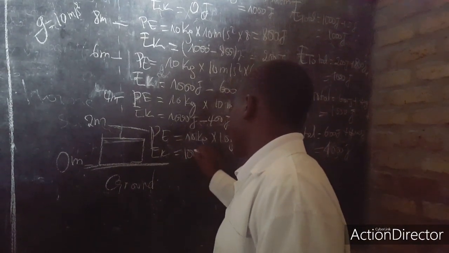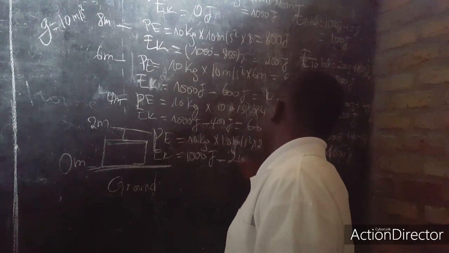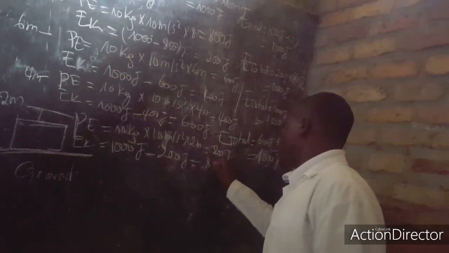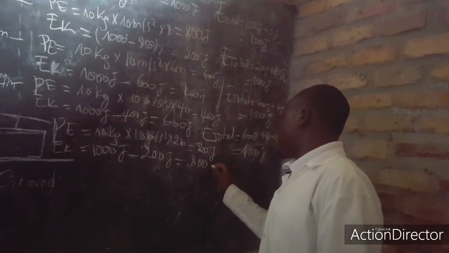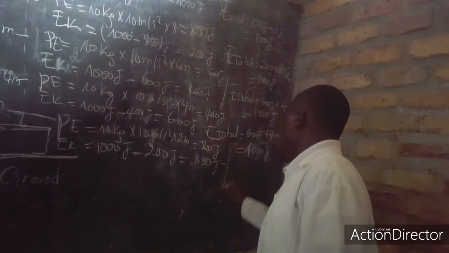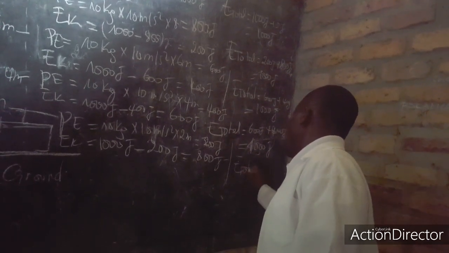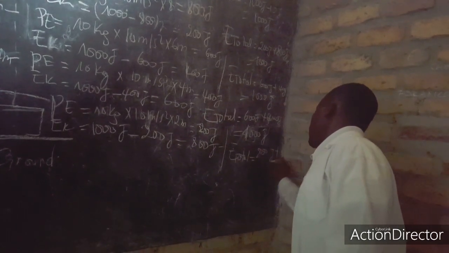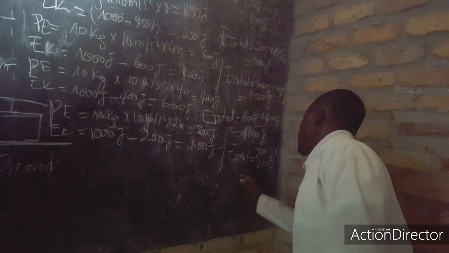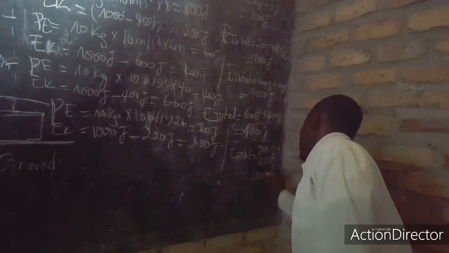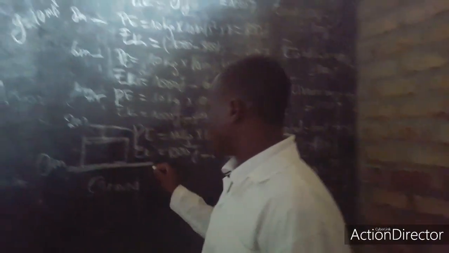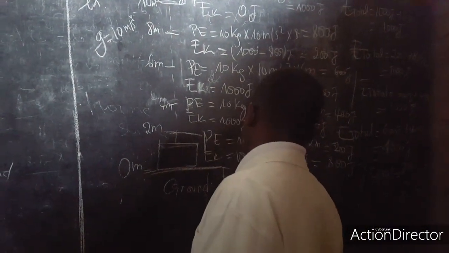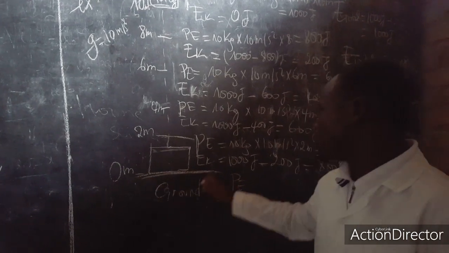So it is 1000 joule minus 200 joule, which is 800 joule. So here the total amount of energy will be given by 800 joule plus 200 joule, which is 1000 joule.